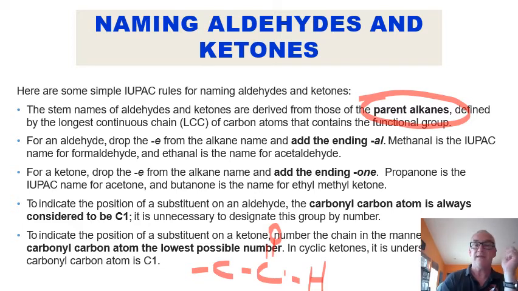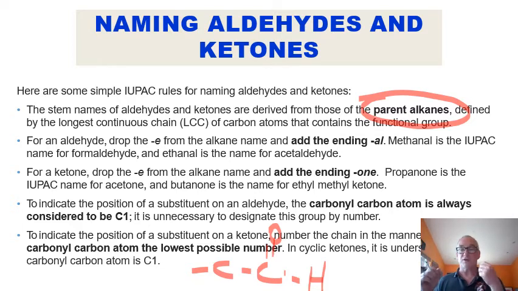For a ketone, it's a little trickier. We drop the E and add -one. So instead of propanone or butanone or something, it's basically how many carbons are in the base or in the chain. If it's butanone, it would have 4.